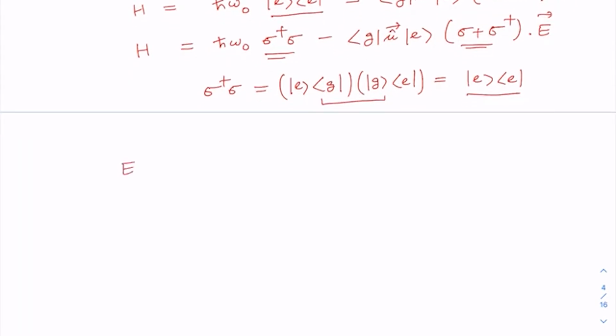If you recall, we earlier wrote the electric field as E⁺ and E⁻, where E⁺ is the positive frequency part and has the time dependence e^(−iωt), so that's why it is the positive frequency part, and E⁻ is e^(iωt).